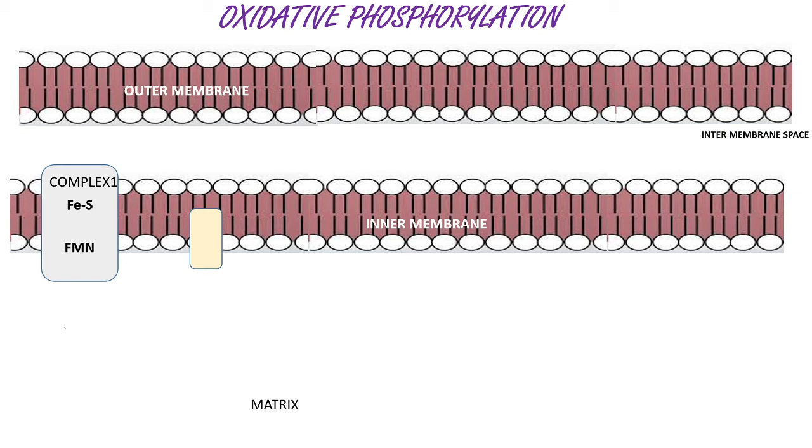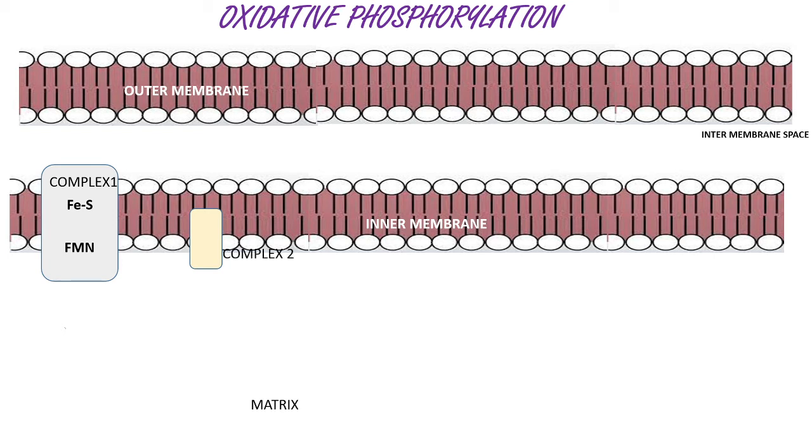It is very important to note that succinate dehydrogenase is the only enzyme bound to the inner membrane of mitochondria. It is the only membrane bound enzyme of the Krebs cycle. Other enzymes of the Krebs cycle are present in the matrix. Very important for those who are going to take their NEET or NET examination.